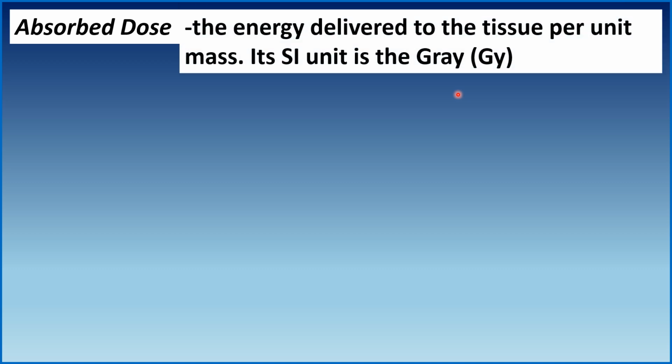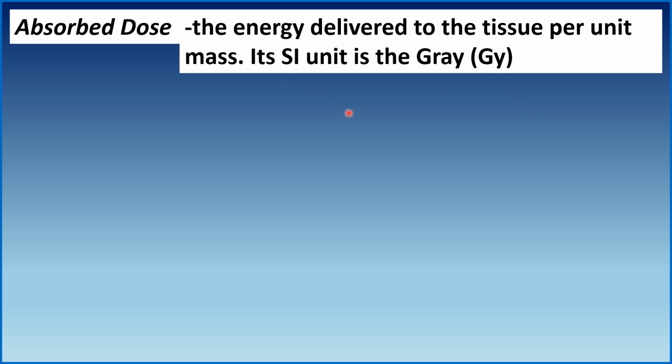In the field of dosimetry, which is the measurement of radiation exposure to both ionizing and non-ionizing radiations, we have some important terms to remember. First in the list is absorbed dose. This refers to the energy delivered to the tissue per unit mass.